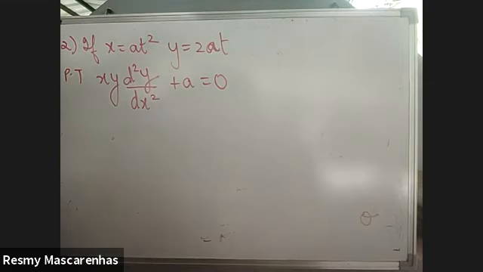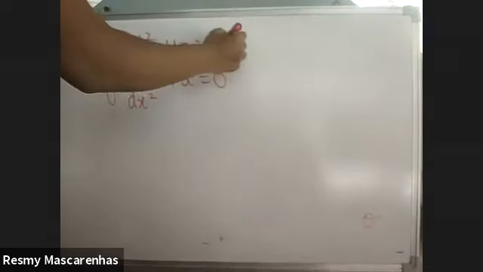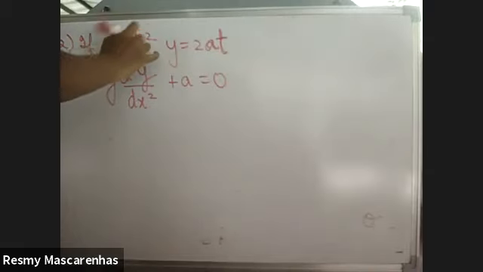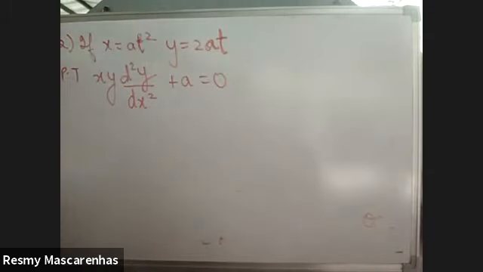Okay, x and y are given. So start differentiating. Find at least dy by dx. So this is t, so we will have to differentiate with respect to t. This is a coefficient.